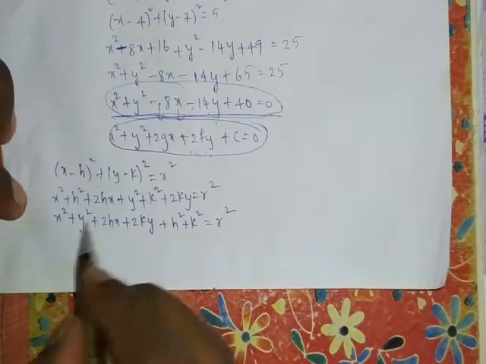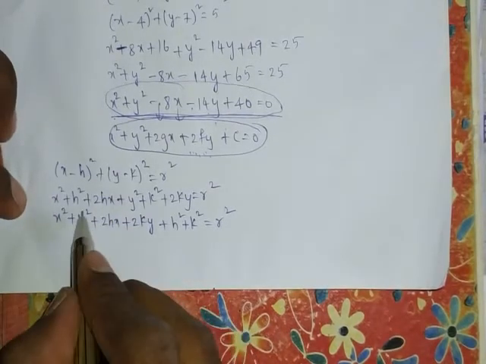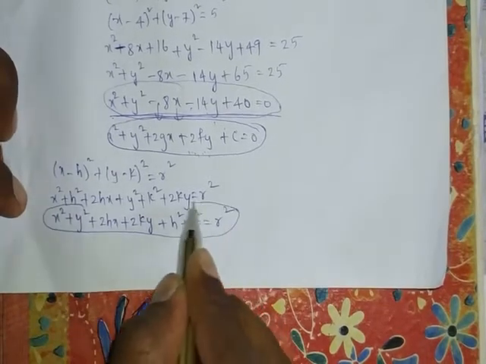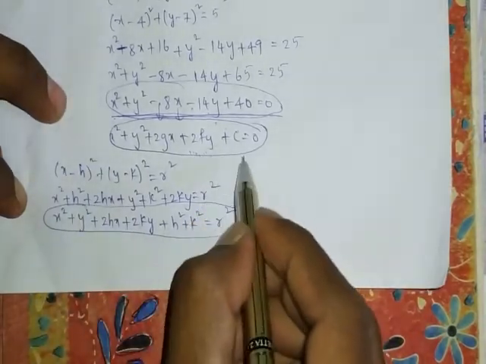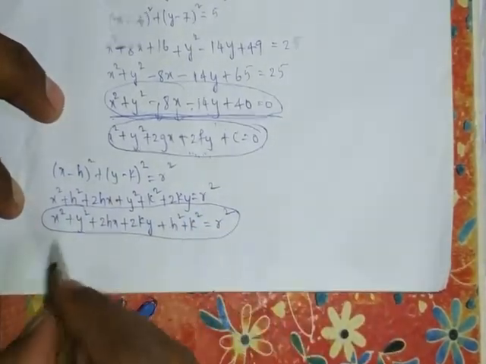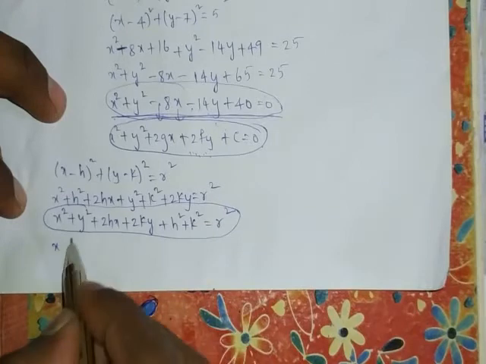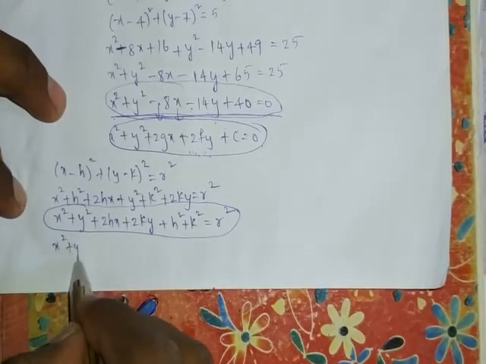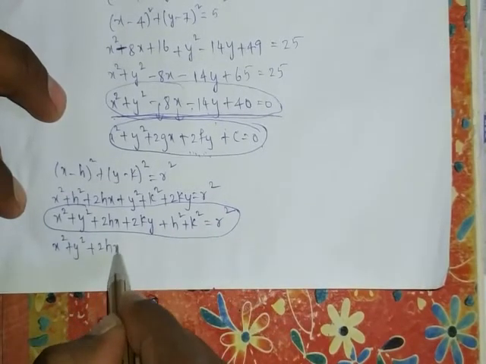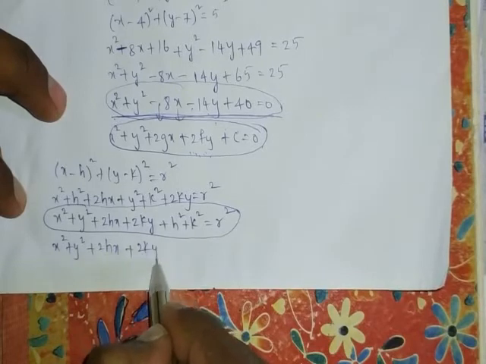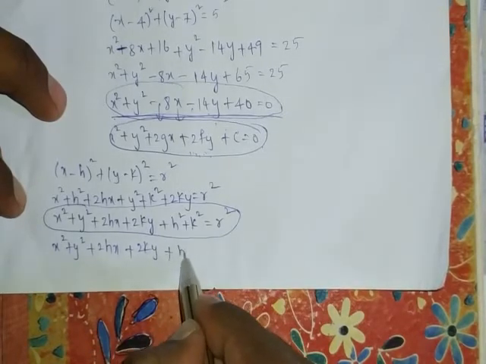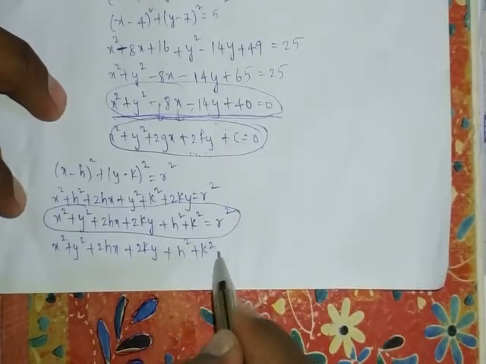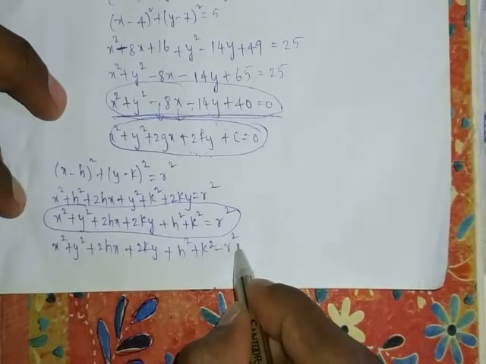Now if you observe this equation and this equation, I'll take this r square here also: x square plus y square minus 2hx minus 2ky plus h square plus k square minus r square is equal to 0.